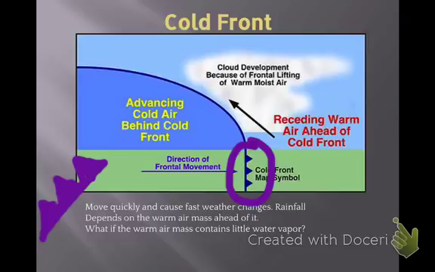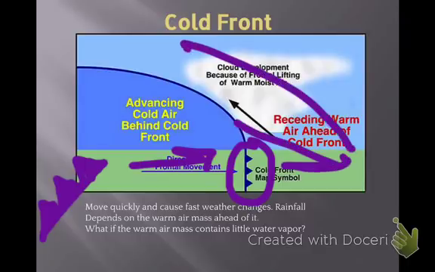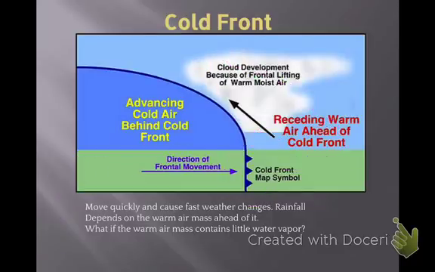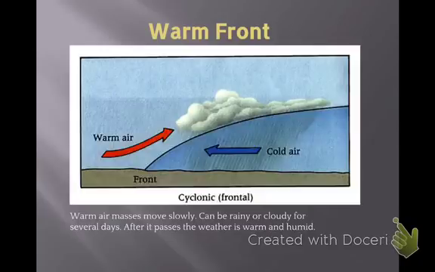So your symbol is blue with little triangles, which we're going to call icicles to remind us that's a cold front. Again, cold fronts go in and wedge underneath and push the warm air up above them because cold air is more dense than warm.